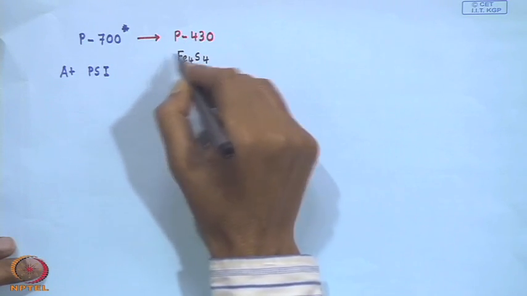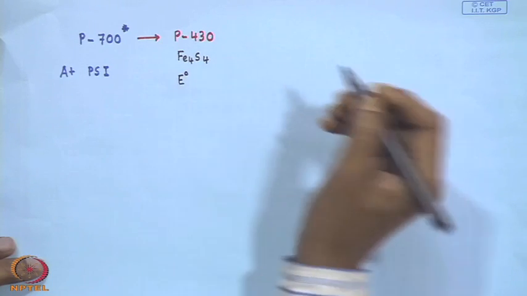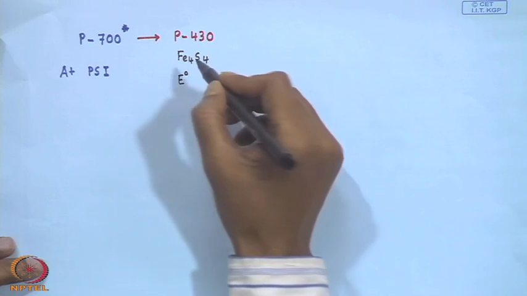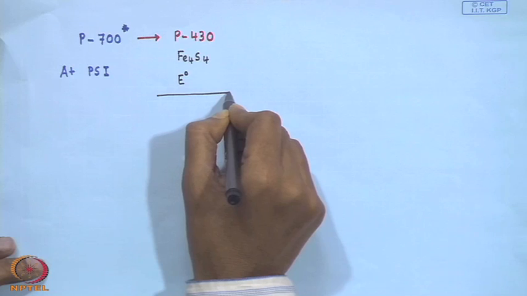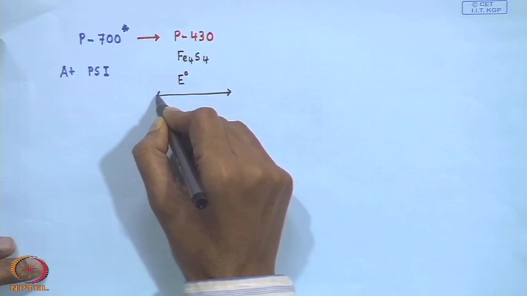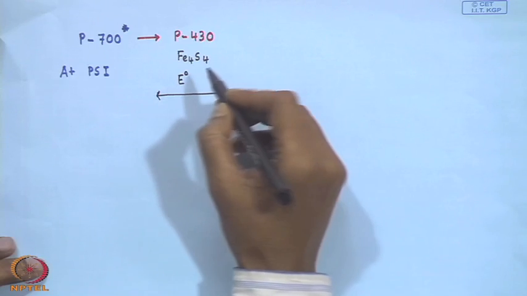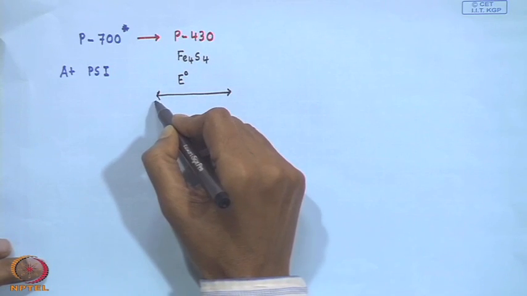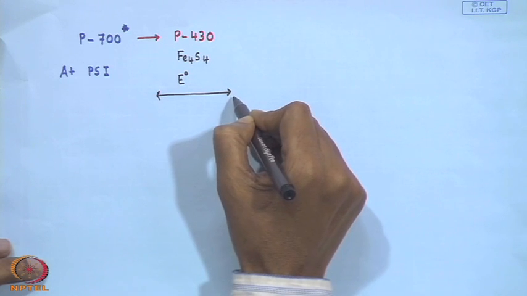It can have two forms depending upon its E0 for the oxidation and reduction reactions, and all these iron sulfur proteins can span a very wide range of E0 values. That is why, as we studied earlier, all these ferredoxin type molecules can be present in photosynthesis, and can also be present in respiration.